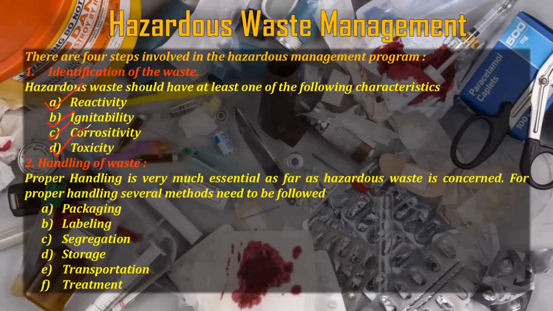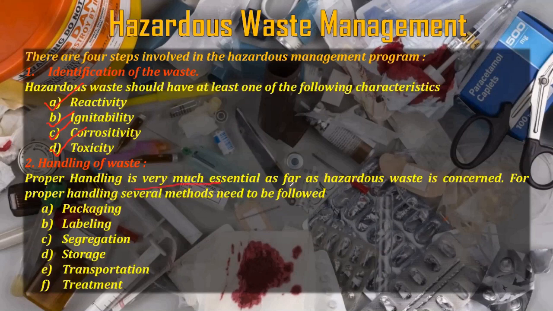Okay, corrosivity means articles which are very much corrosive in nature, which may create problems to our hands if we touch them. Also, they may corrode the different articles in which they are stored. And finally, toxicity is something which is poisonous to us, right? So these are the steps of identification. Now, how handling of waste can be done, or rather how handling of waste should be done.